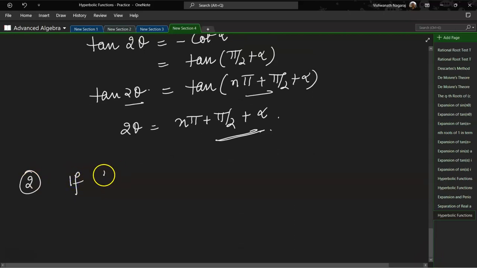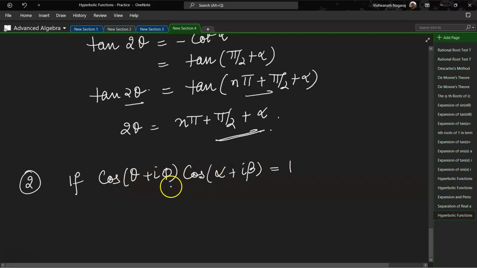If cos of theta plus I phi times cos of alpha plus I beta is equal to 1. So the product of the cos of two complex numbers is equal to 1.